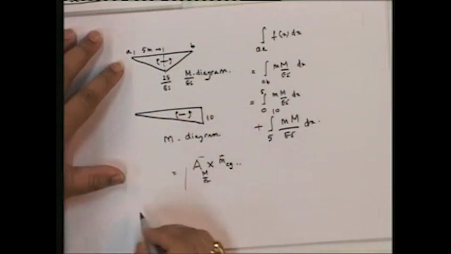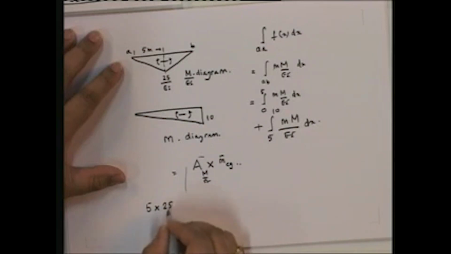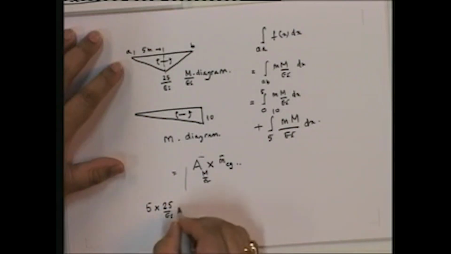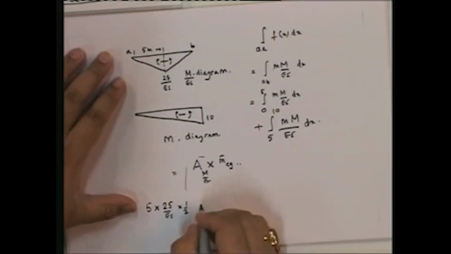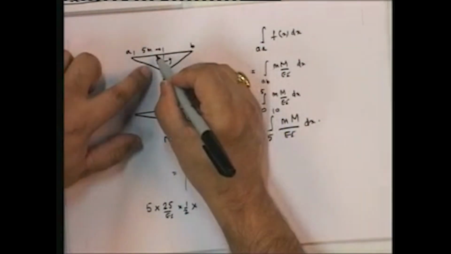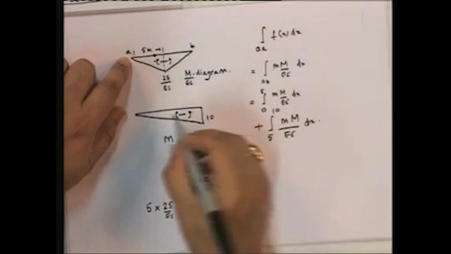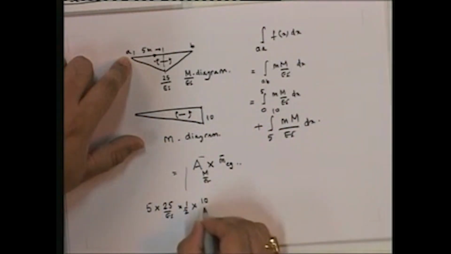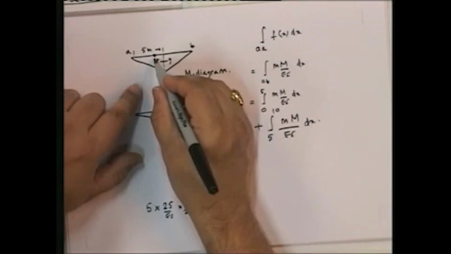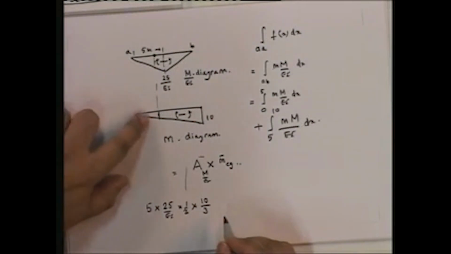See, this is 0 upon 25, so the area is 5 into 25 upon EI into half, half length into base. So that is for this one, and multiplied by, where is the CG? CG is 2/3 of the distance from here, so that is at 10 by 3. So at 10 by 3, since this is 10, what is the value? The value is going to be 10 upon 3. So that is for this one.